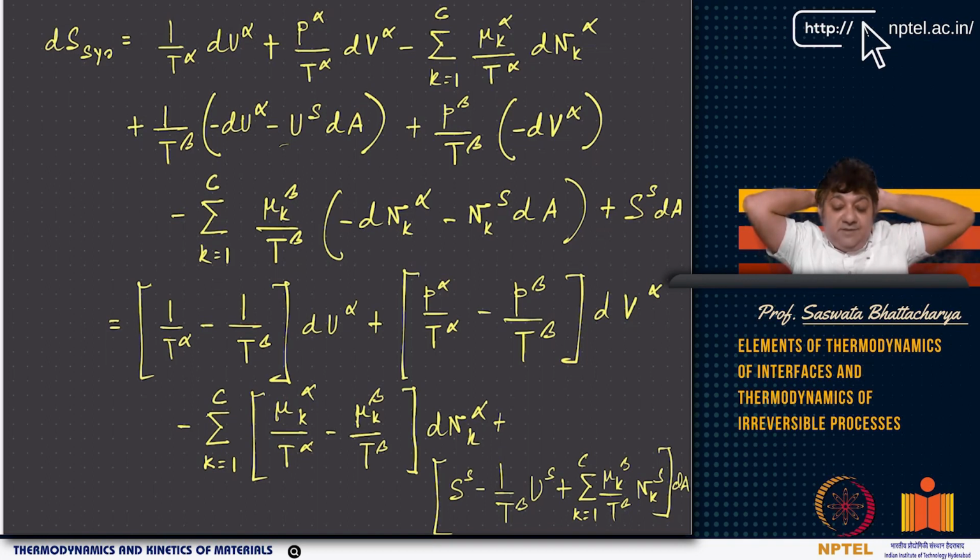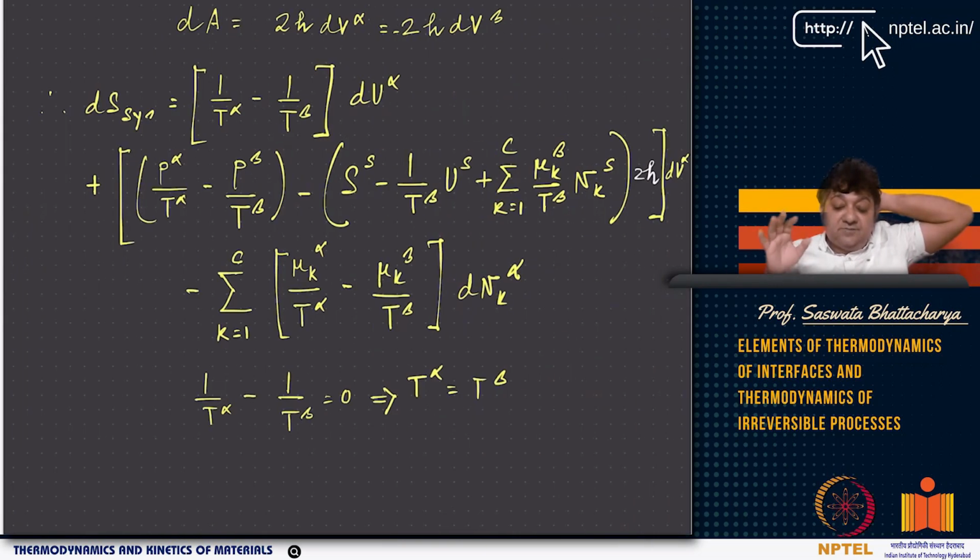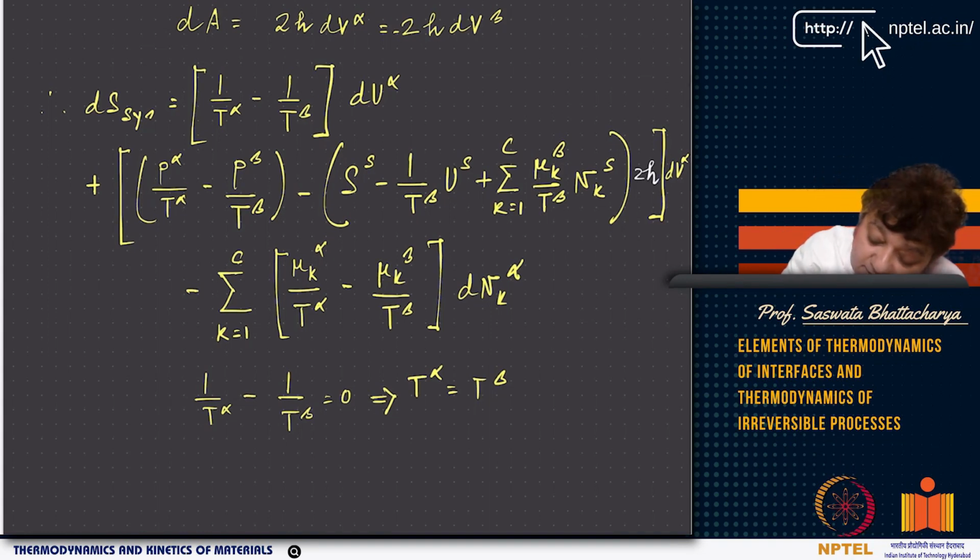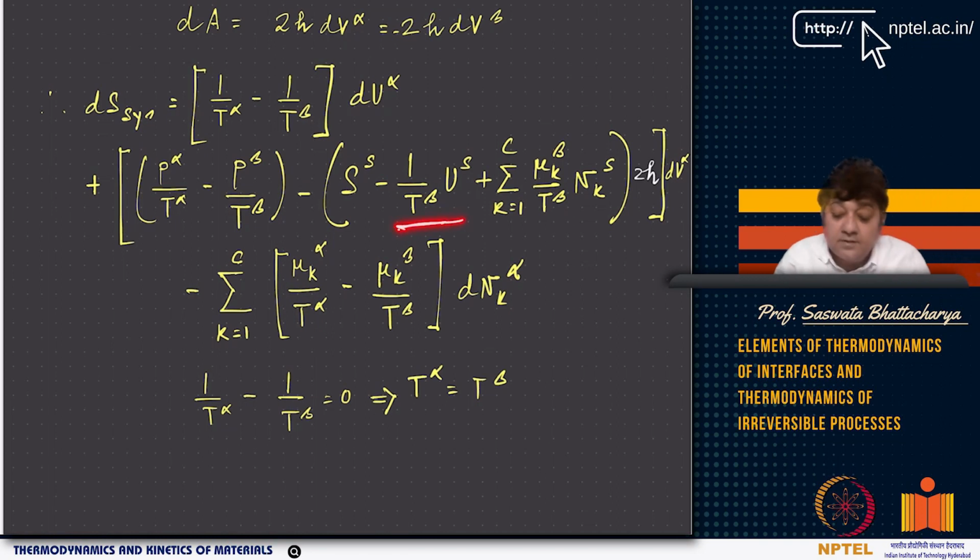So, P beta by T beta is nothing but temperature. If you rearrange all of these, you have 1 by T alpha equals 1 by T beta, and this is Us, the excess term.